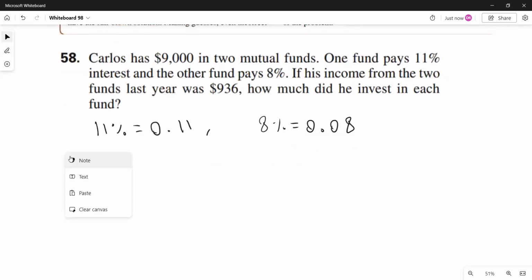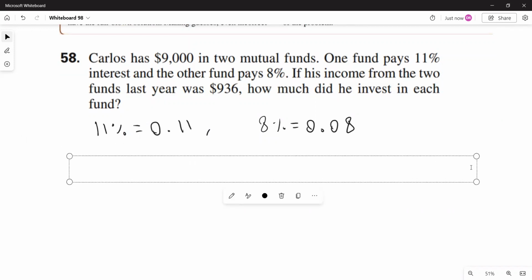Okay, so we are going to start with each fund having the same amount. So we're going to begin with the 11% fund.